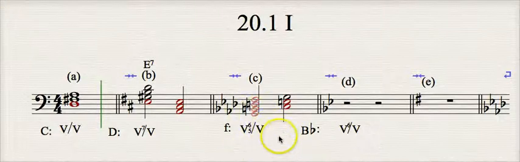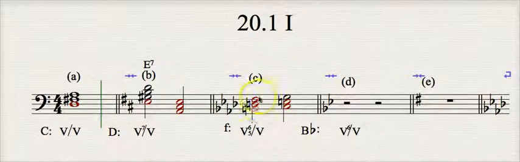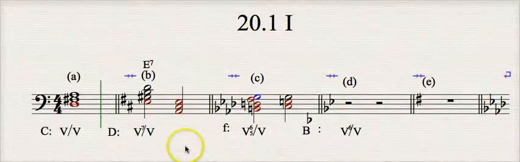We're almost done, except we need to invert this chord to 6-5 position. So instead of root position on G, I'm going to erase that G and put it on top of the F over here. And that is your final answer.